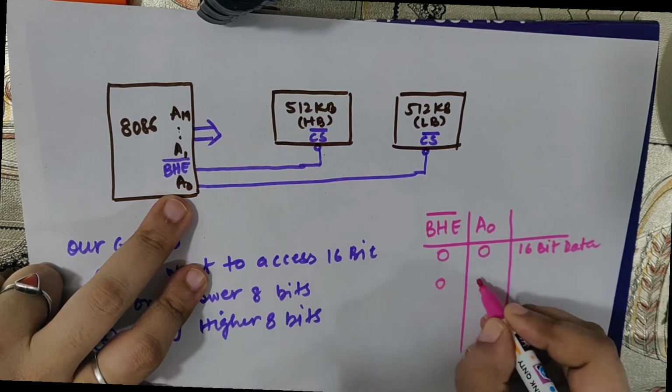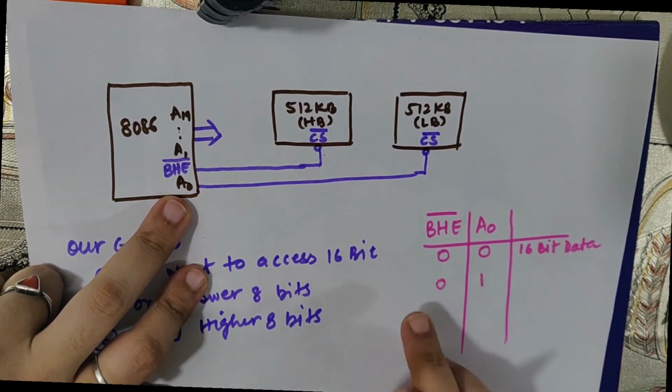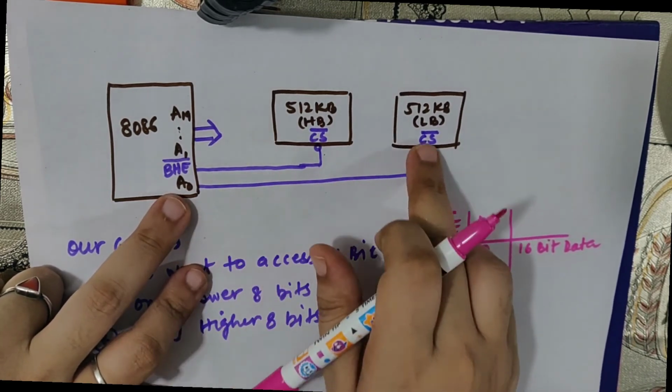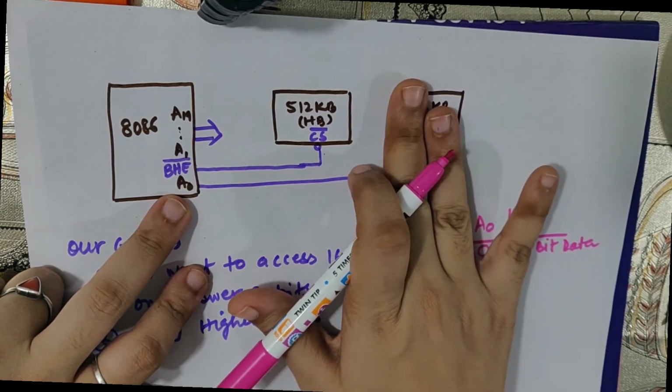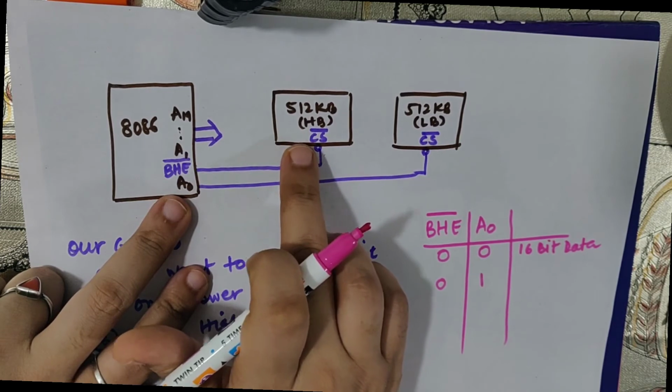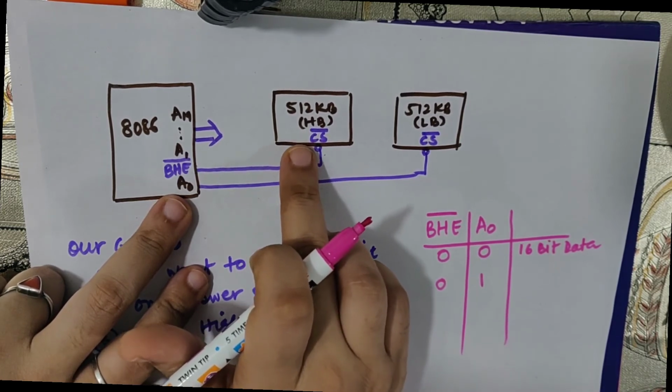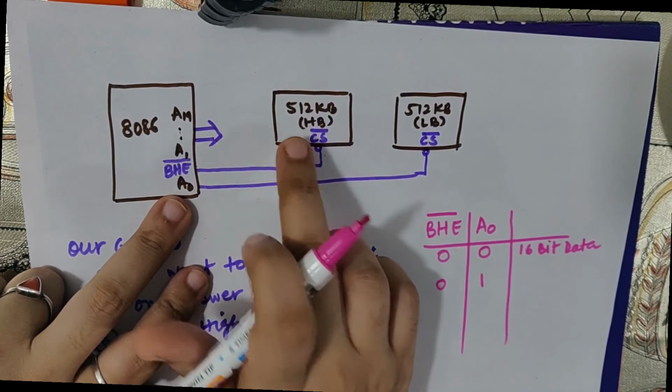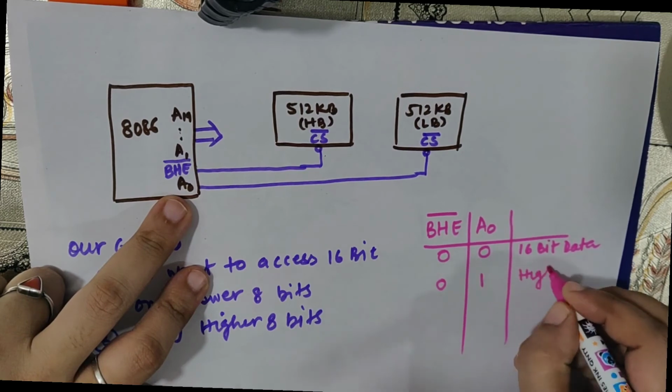If BHE bar is 0 and A0 is 1, A0 being 1 means this chip will not be enabled. BHE bar is 0 means this chip select signal, which is an active low signal, gets 0 and will be activated. So we will be able to select the higher 8 bits.